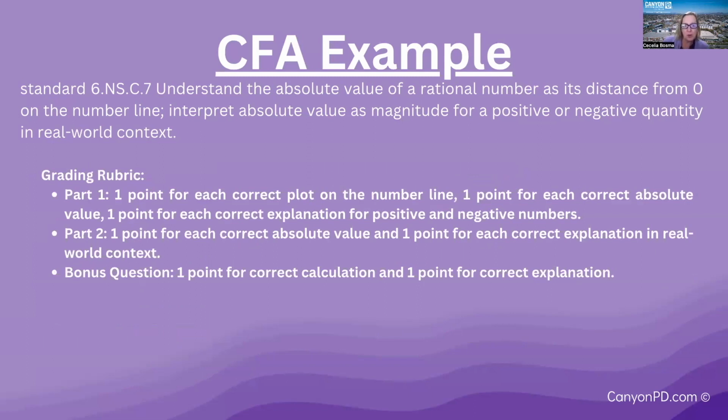We've got a scoring rubric. For part 1, we're going to assign 1 point for each correct plot number on the line, 1 point for each correct absolute value, and 1 point for each correct explanation for the positive and negative numbers. And then in part 2, we have 1 point values being assigned, and then we even have our bonus question.